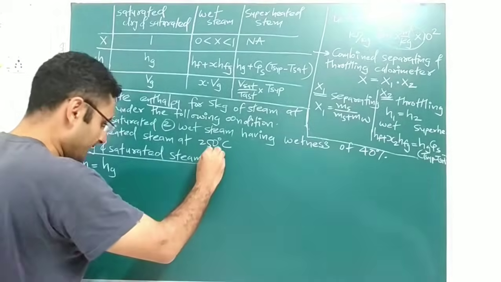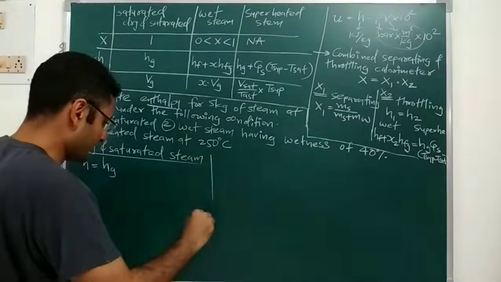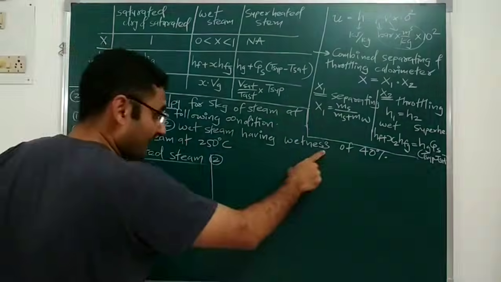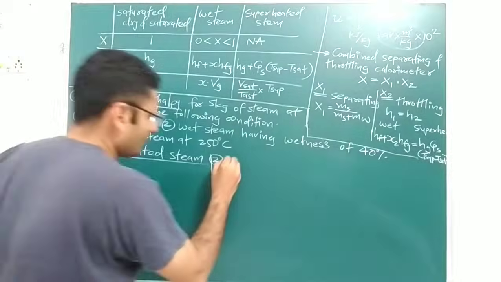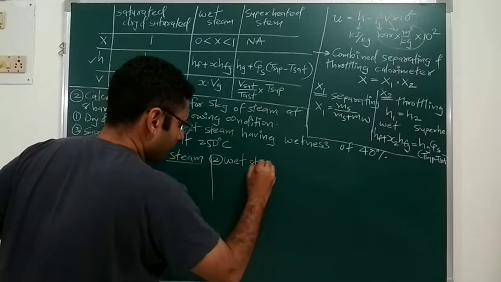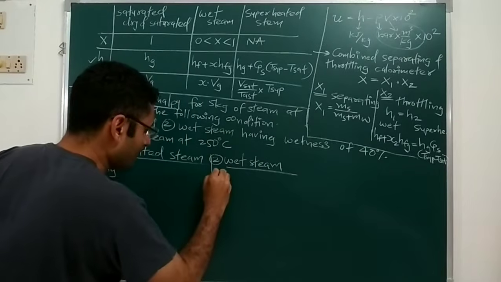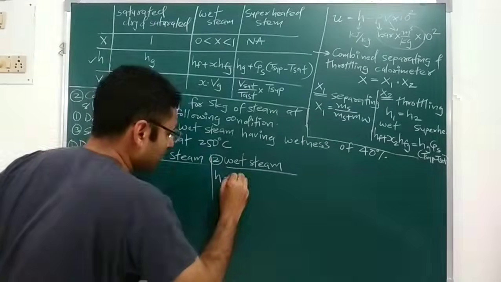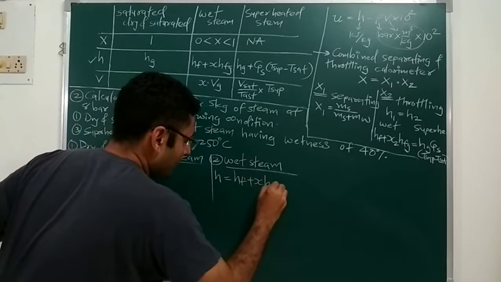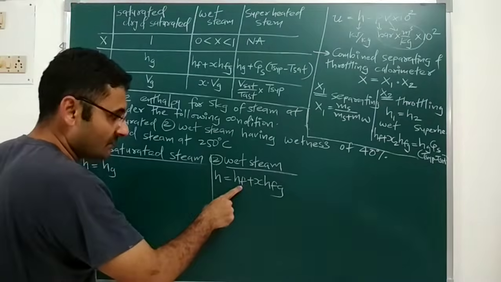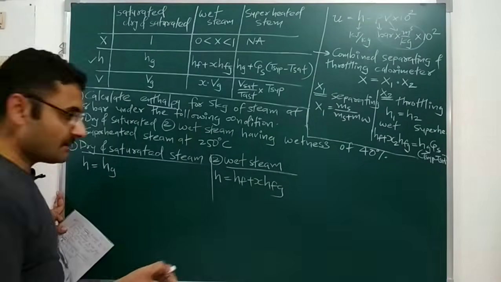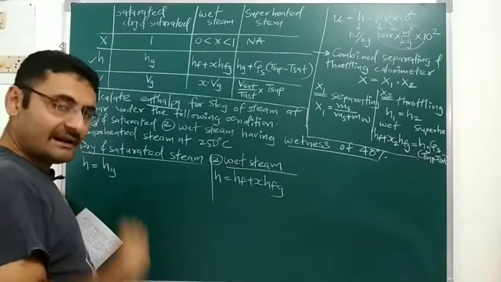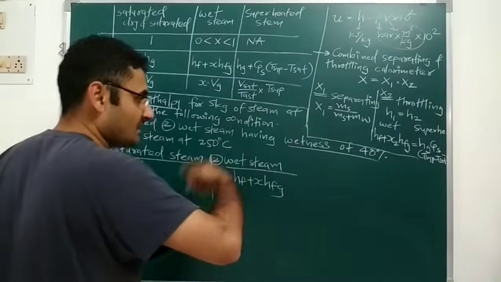Next also we will take, over here. Next is wet steam having wetness fraction of 40%. So over here I will take wet steam. For wet steam you have to find out the enthalpy. So for wet steam, enthalpy is Hf plus X Hfg. Now you have to find out the value of Hf and Hfg from this steam table, and X is dryness fraction, but over here it is not a dryness fraction, it is wetness fraction. So from wetness fraction, how can you calculate dryness fraction?